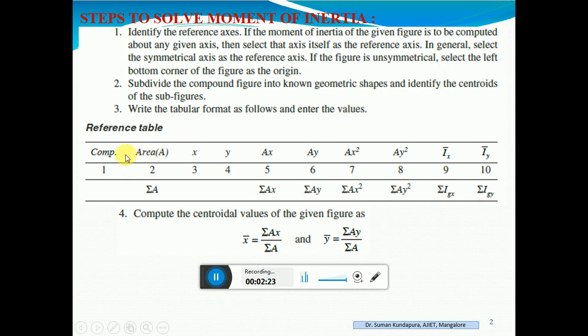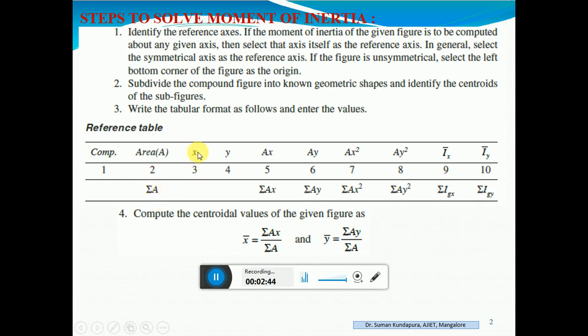Now, like how we used to solve in the centroid, do it systematically by drawing a tabular column. Write down how many components you have split up into: rectangle 1, triangle 2. Likewise, how many components are involved, please list them all. After that, find out the respective shape's area.